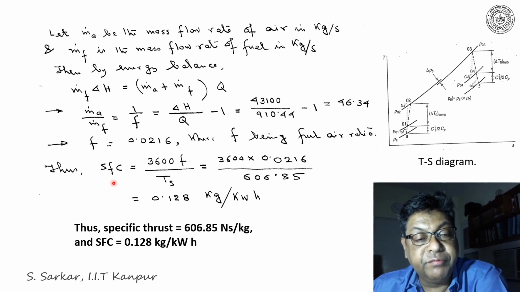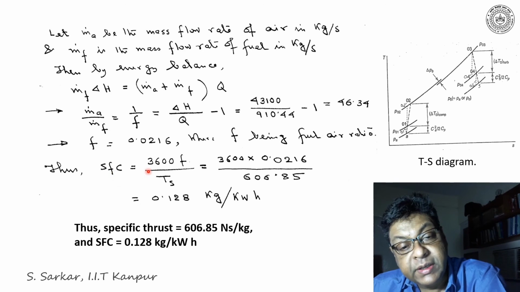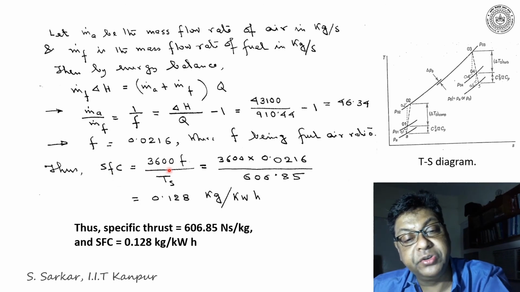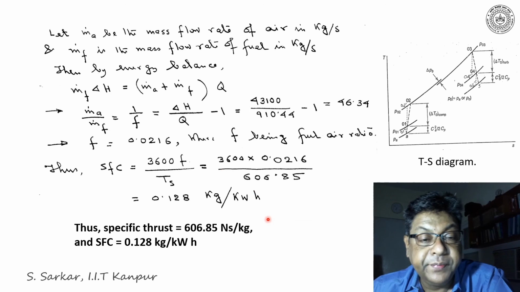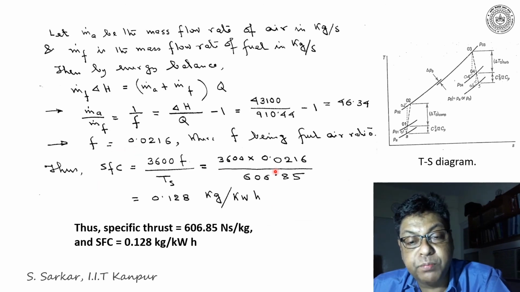Thus a specific fuel consumption is equal to 3600 into f divided by Ts, that is the specific thrust. I have already calculated specific thrust as 606.85 and fuel air ratio as 0.0216. Thus specific fuel consumption becomes 0.128.